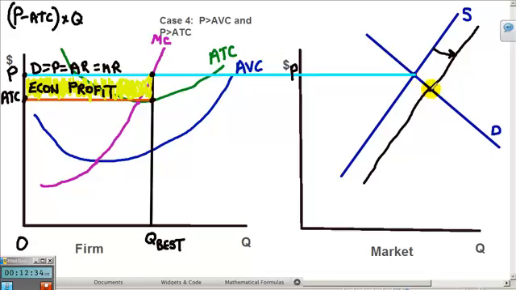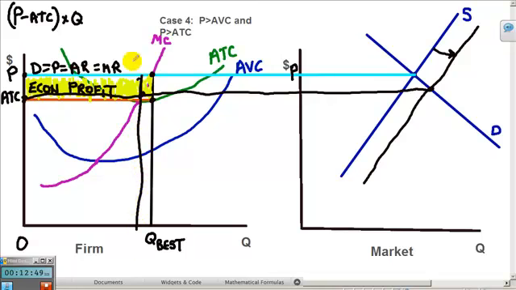See? And at this new price then, profit will be smaller. Okay, output would be here. So it would be like here. Profit will be smaller. Profit's now just down here, this down in this range. But there's still a positive economic profit, and so what will happen? Other people will see that.